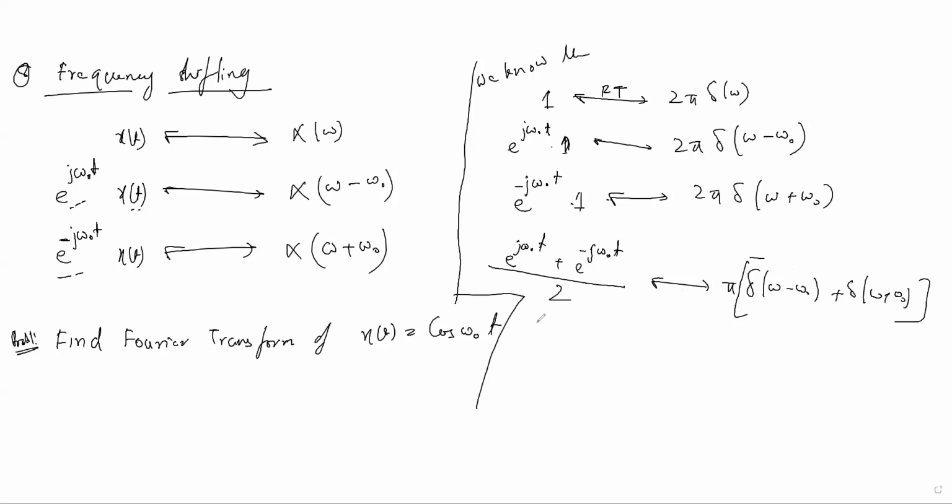This is nothing but the Fourier transform of cos omega naught t. Similarly, you can find sin omega naught t also, using this.